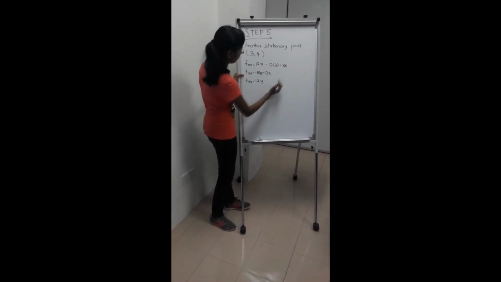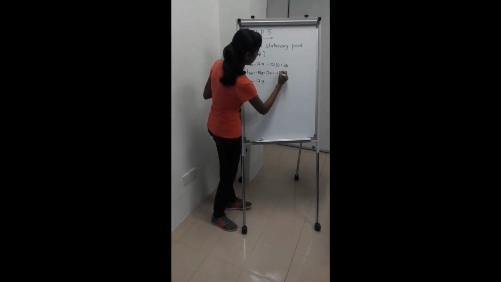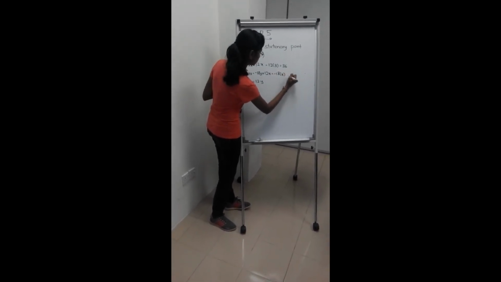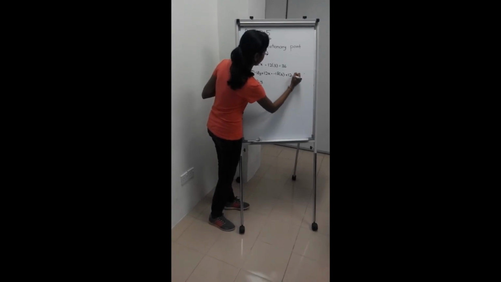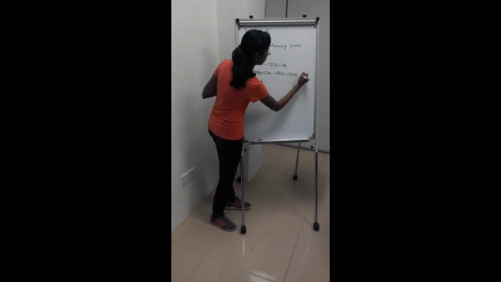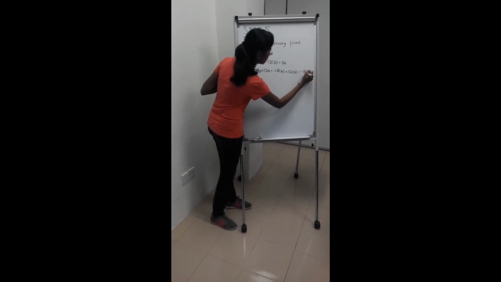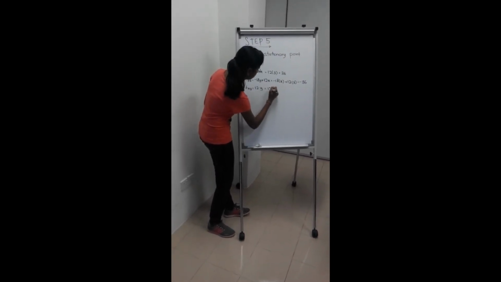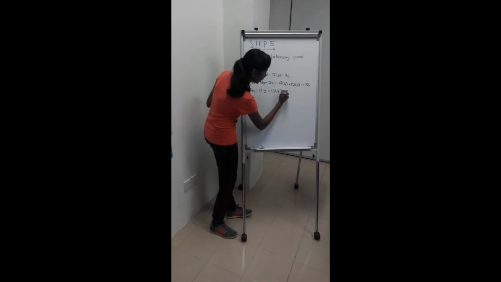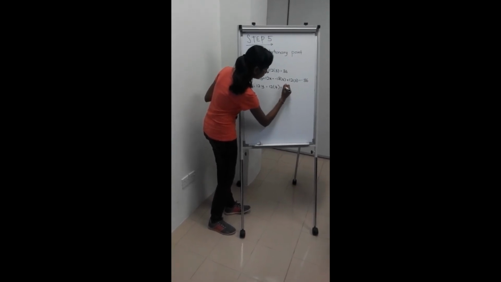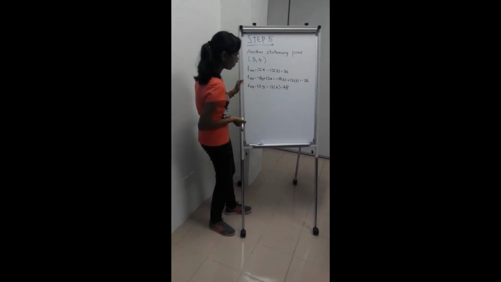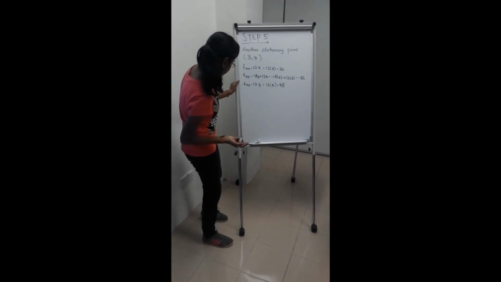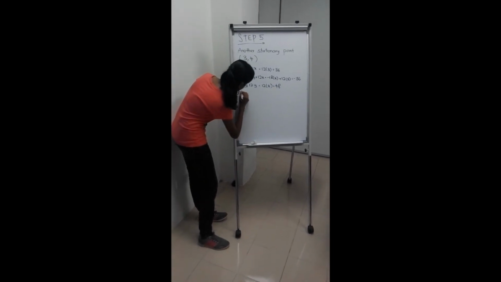For fyy, I substitute y with 4 and x with 3, and I get negative 36. For fxy, I substitute y with 4 and I get 48.